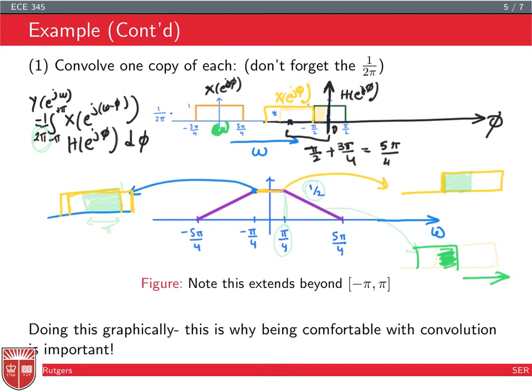One corner case happens at -5pi/4, and if you do the other calculations, you get -pi/4, pi/4, and 5pi/4. The values are 1/2, as I just showed you how to compute. All you have to do is know these corner points and then join them. By now you should know how to do the convolution, but I wanted to walk through it to remind you how to do it.